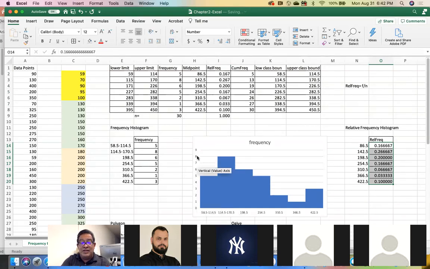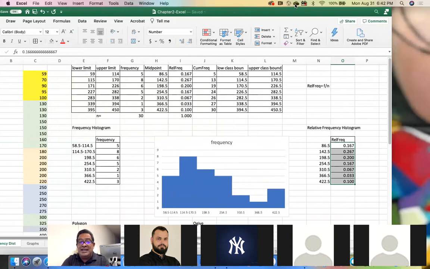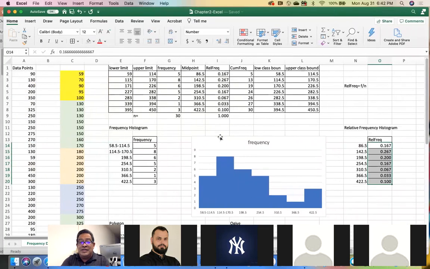Rather than having the number of observations, I am going to have these numbers expressed as a percentage, okay? Which is basically the same. I don't have to do anything. So this frequency and this relative frequency are going to be the same. What changes is that the vertical axis is going to be expressed in percentages.